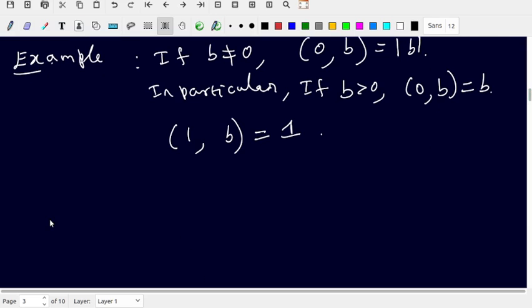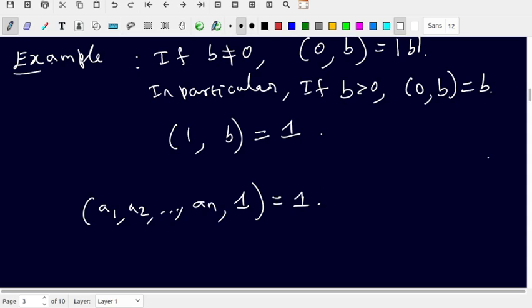Suppose we have n numbers and 1 is a member of them. We take any number of elements along with 1. What is the GCD? It is 1, right.